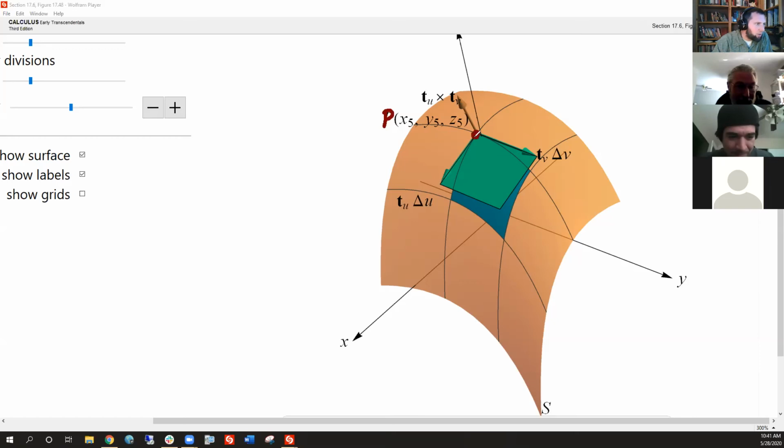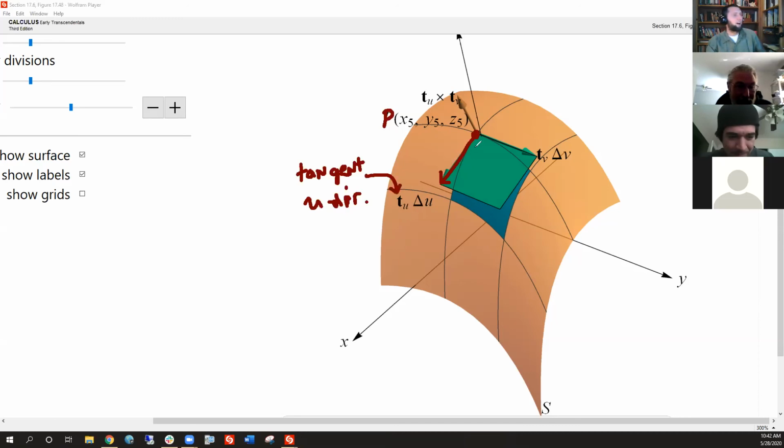And at that point, we found the tangent going in the U direction. So this is the tangent in the U direction. I think the T here would be for tangent.